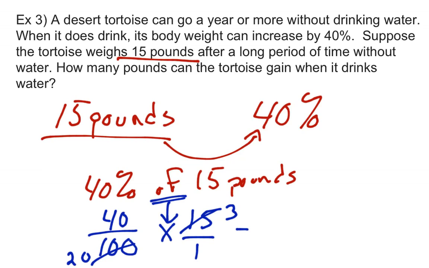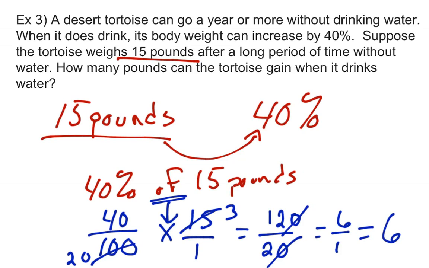Then let's multiply. 40 times 3 is 120, over 20. Then we want to reduce this. If I reduce by 10, I can just get rid of the zeros, and then 12 divided by 2 ends up being 6 over 1, which is just 6. So this tortoise can gain 6 pounds after it drinks water.